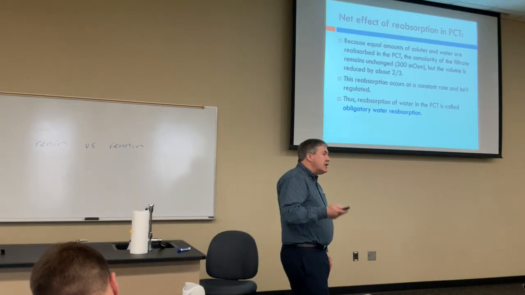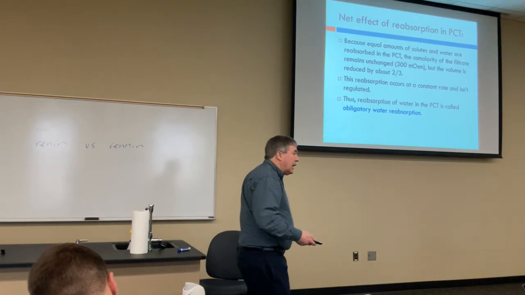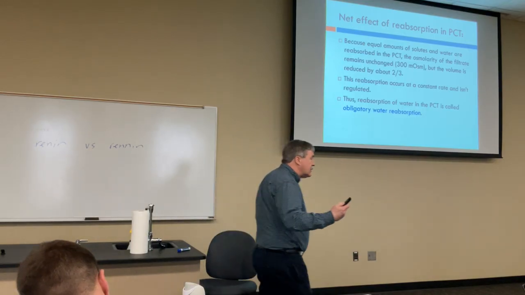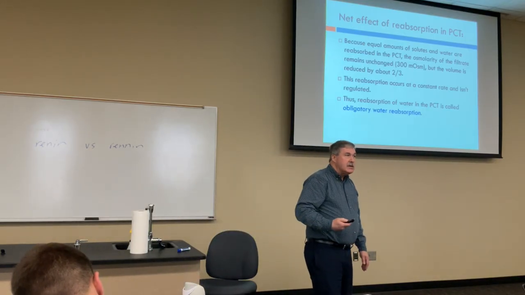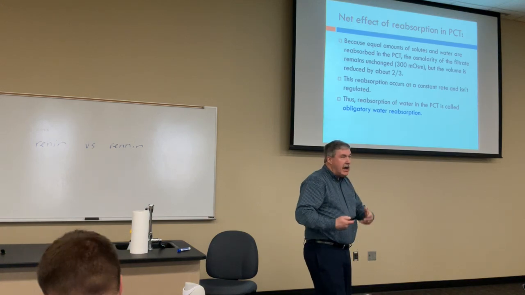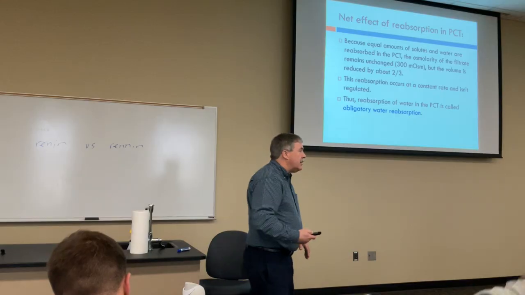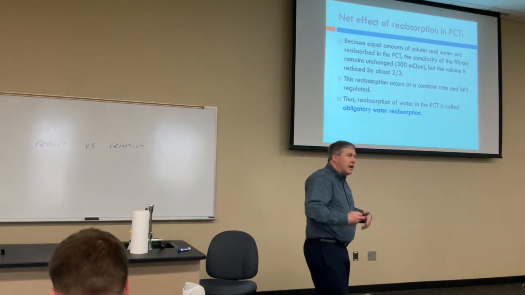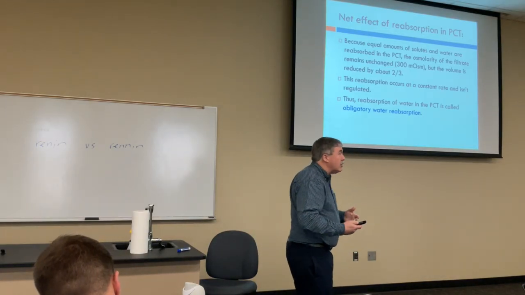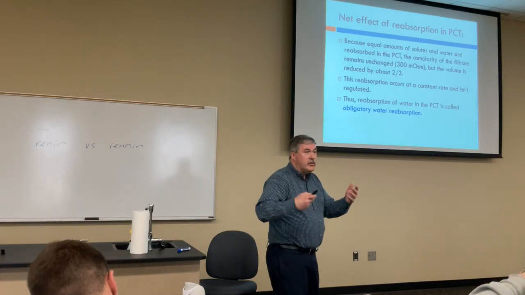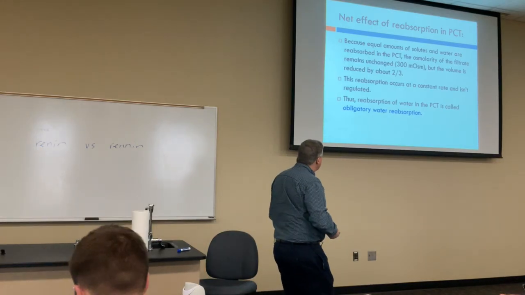The composition does change though, because you're reabsorbing useful substances, but not the waste products. So you end up with a higher concentration of waste in the filtrate, but you have fewer water molecules, fewer sodium molecules.